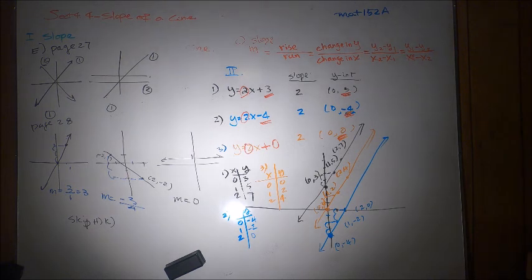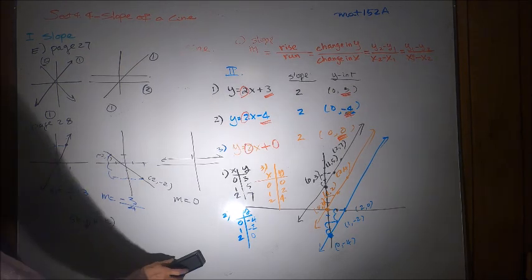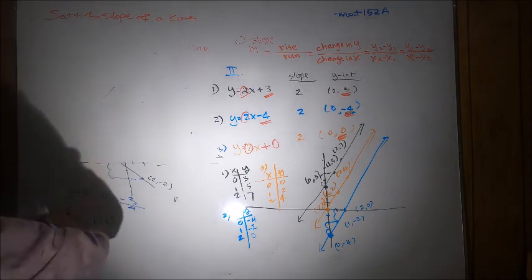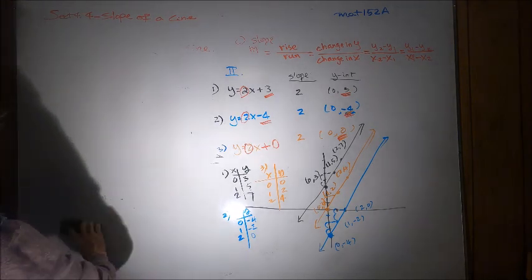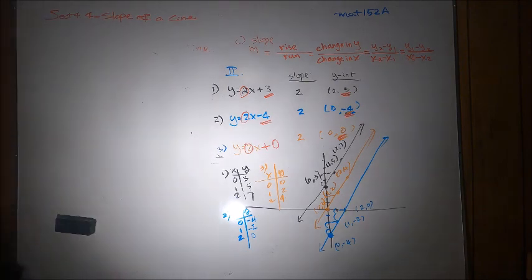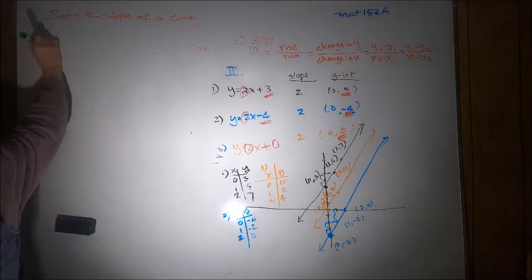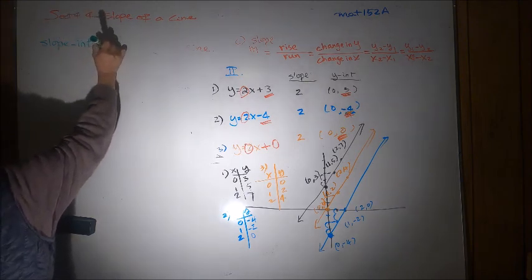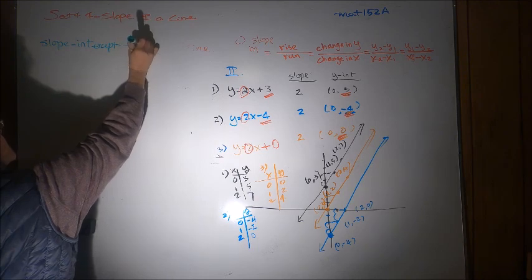So what we are saying is this. When you write it a certain way, like this, if you look at your page 30, that's how we write it. And we call it something called slope-intercept form.